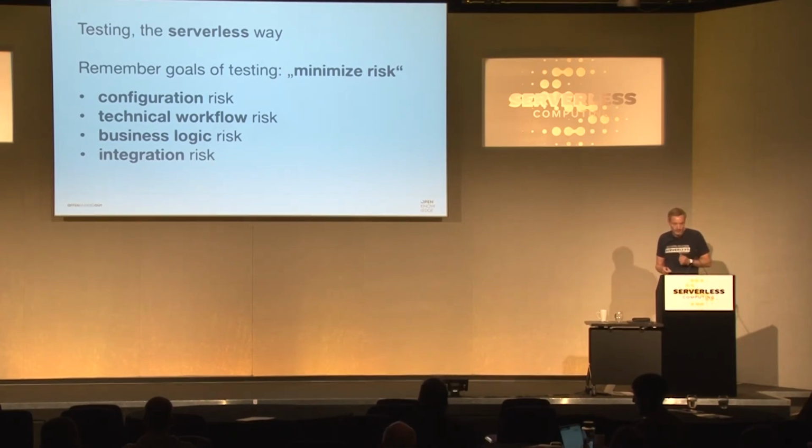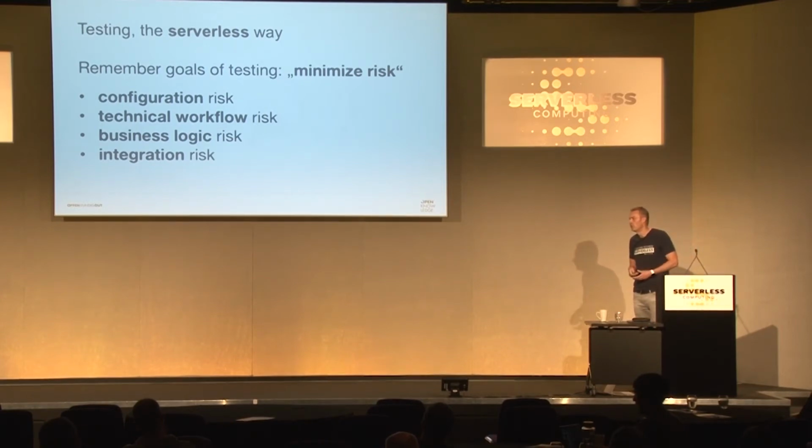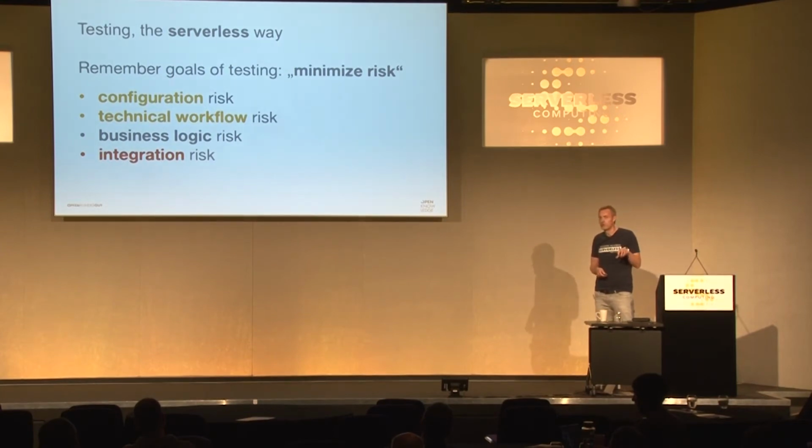Then we have something like technical workflow, which means am I parsing the incoming request in the right way and stuff like this. We have business logic, which should be very small. And then we have a lot of integration stuff, which means the cloud components working together. So the highest risk is in this integration area.